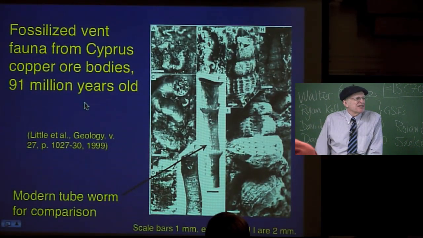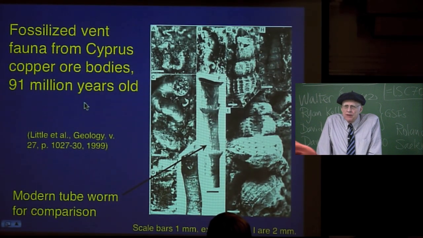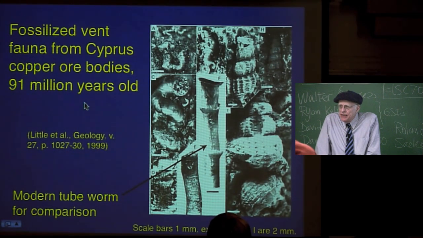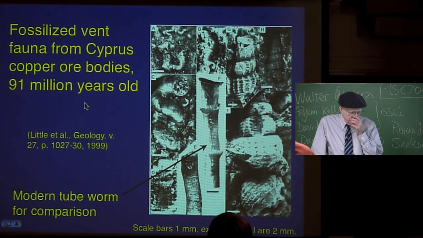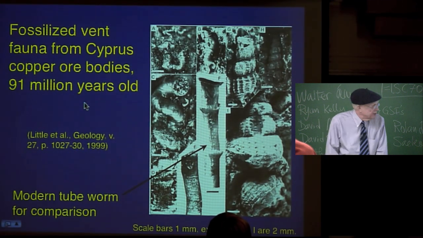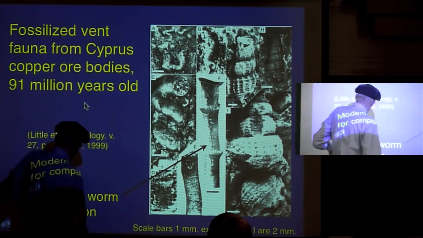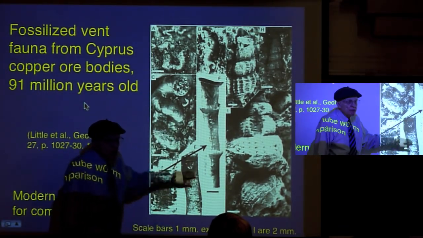And it turns out that none of those animals fossilized very easily, and so there was a long, difficult search. And finally here, from Cyprus, from those copper ore things, they found a few little snail shells, and the tracks. See, here's a modern tube worm, and this is an ancient tube worm cast.